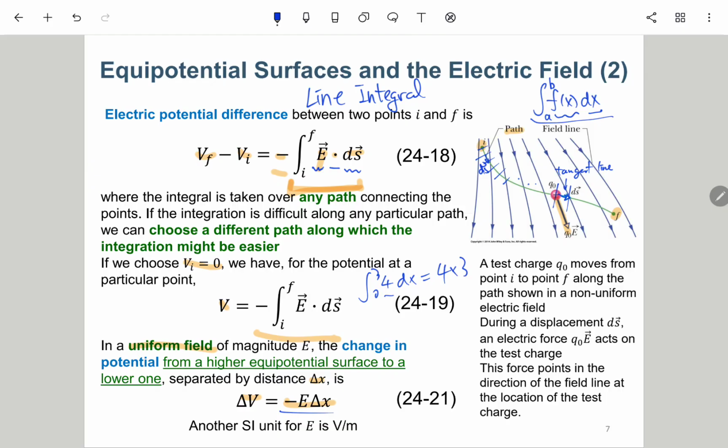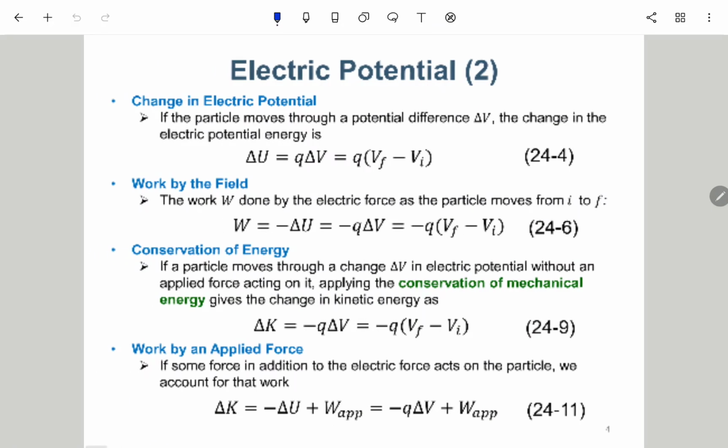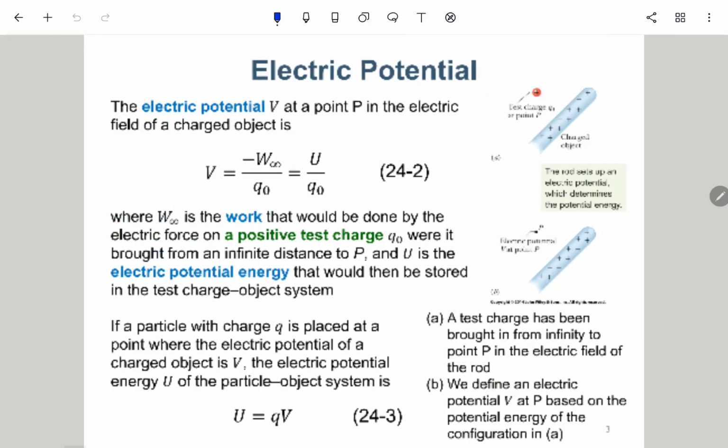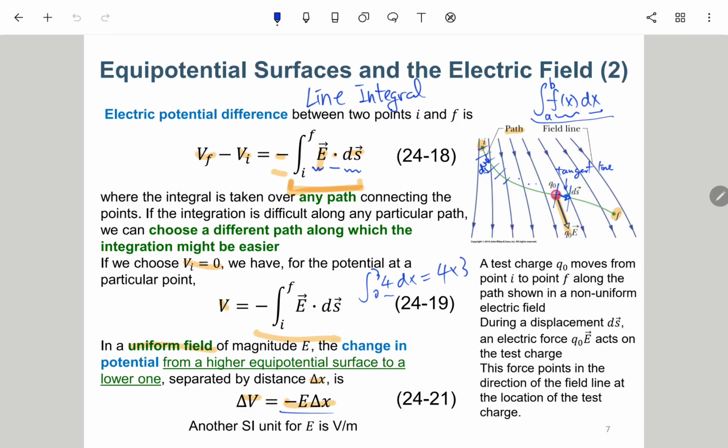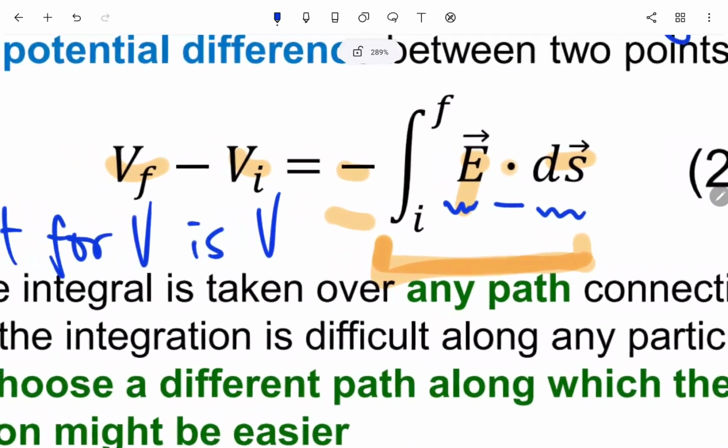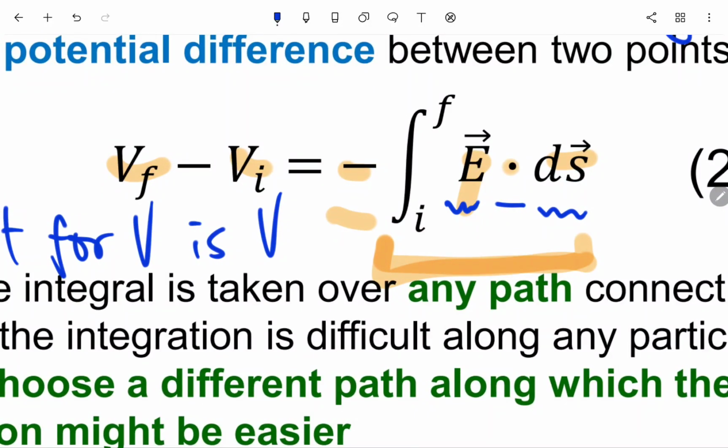Here, for the electric potential, I forgot to mention the SI unit. The SI unit for V is V, but the full names are a little bit different.